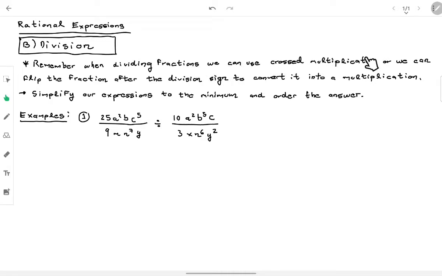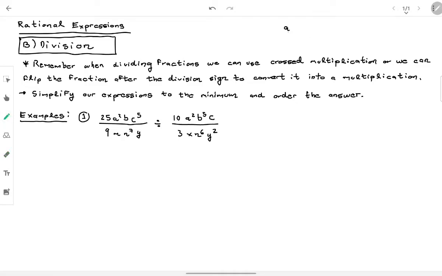Do you remember that when we have a over b divided by c over d, the answer is going to be AD divided by BC, that is a cross multiplication, or we can flip the second expression, the one that is after the division sign.